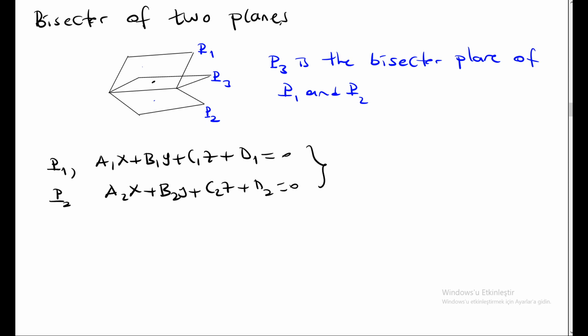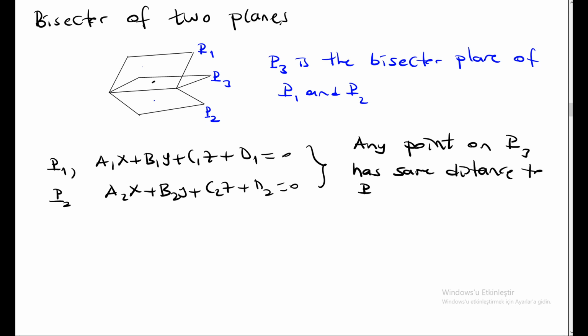Now, any point on P3 has the same distance to P1 and P2, but the side will be different, right?